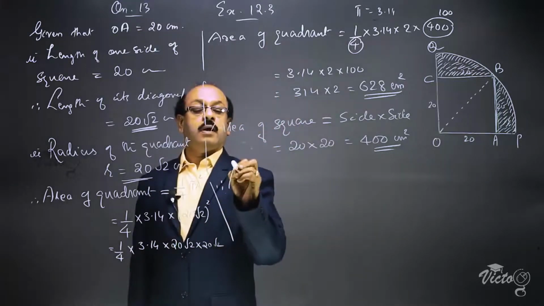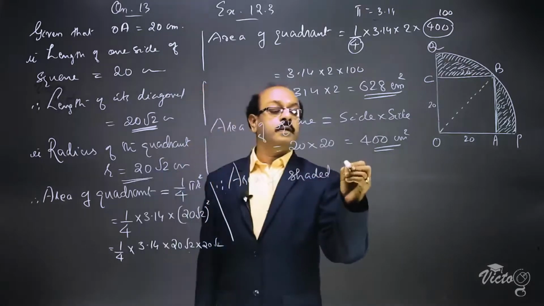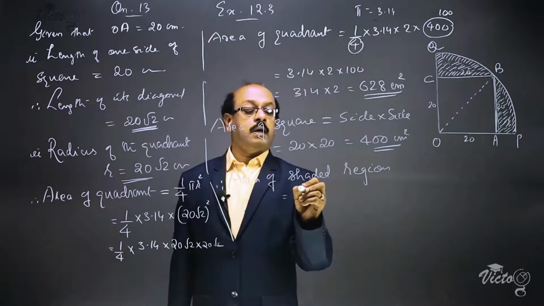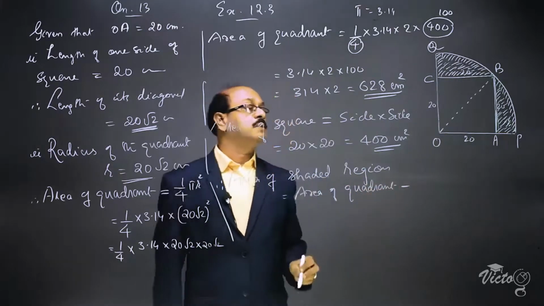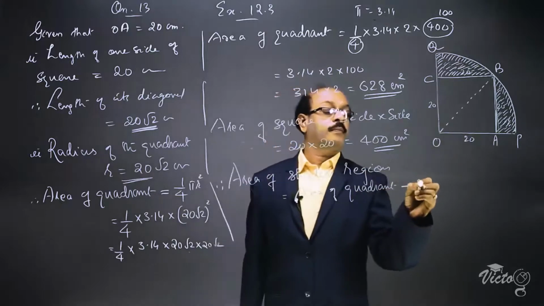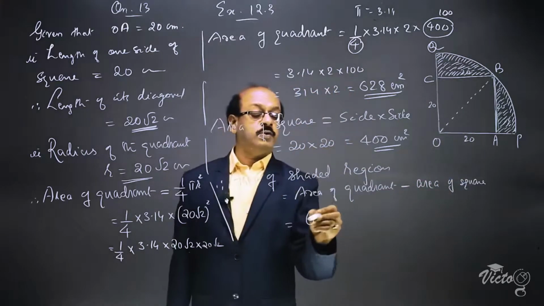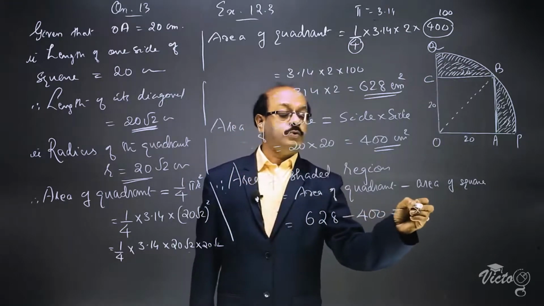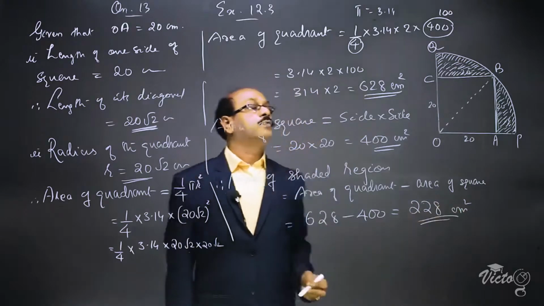Therefore, area of shaded region is equal to area of quadrant minus area of square, which is equal to 628 minus 400 is equal to 228 centimeter square is the area of the shaded part.